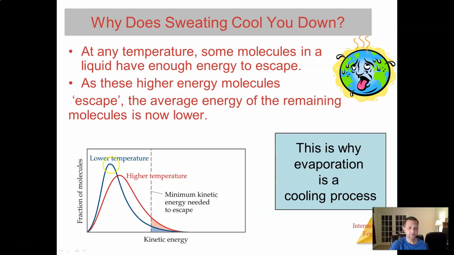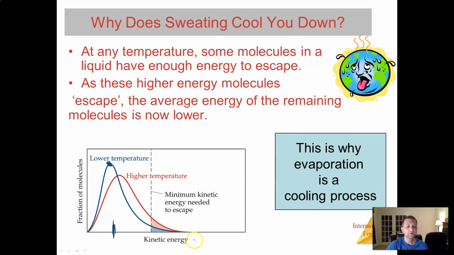Most of your particles have that lower kinetic energy, but some particles have even less energy than your average. Let's say this is it, that's what your temperature is, because that's your average. Some are less, some are more. You do have some particles with a decent amount of energy. Whatever this is, it differs based on what substance you have, but there's a certain amount of energy required for a molecule to escape from the liquid state into the gas state.